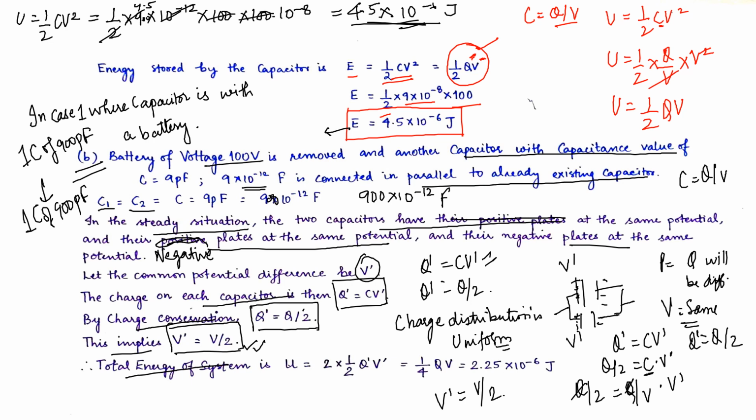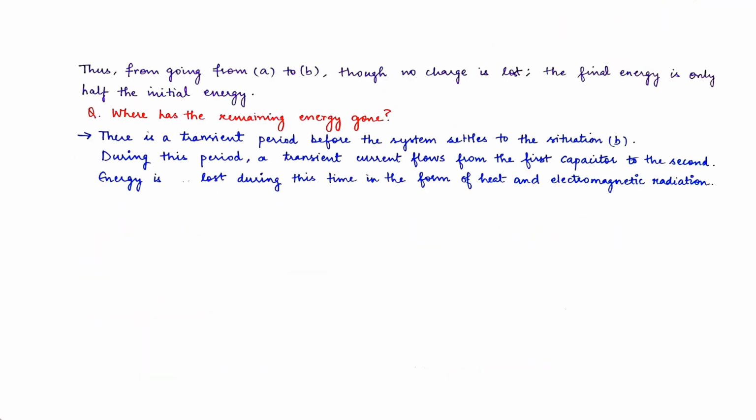Now the total energy of the system will be U equals half Q dash V dash, which comes to QV by 4. I will solve it for you on the next page. Total energy U equals energy from capacitance 1 plus energy from capacitance 2.